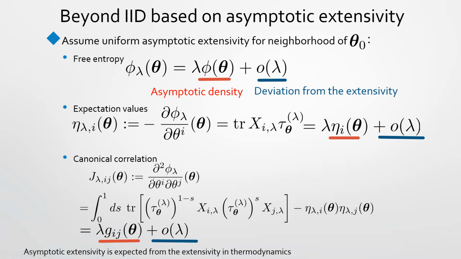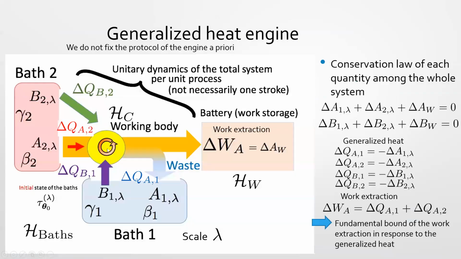And if we consider a second derivative, then we can define Hessian information in this way. Thanks to the extensivity, this J can be written in this way. So then we have a generalized heat engine in this way.